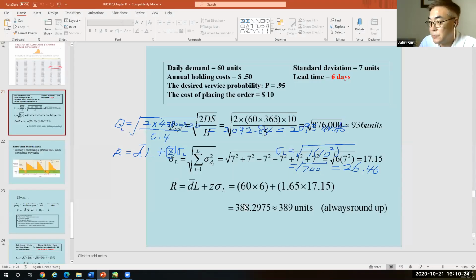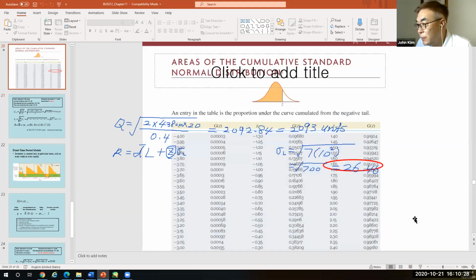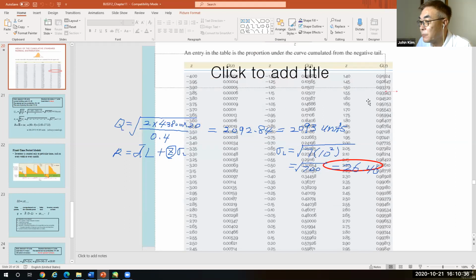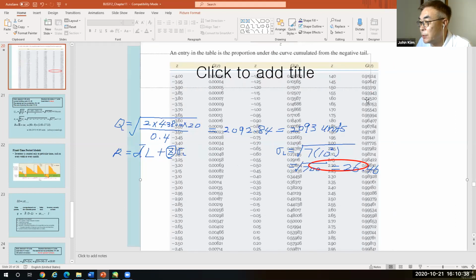Okay, 94. I'm not sure if you can see. 94 is between this one and this one, 0.939 and 0.945. 0.94 is closer to this one, 0.939.